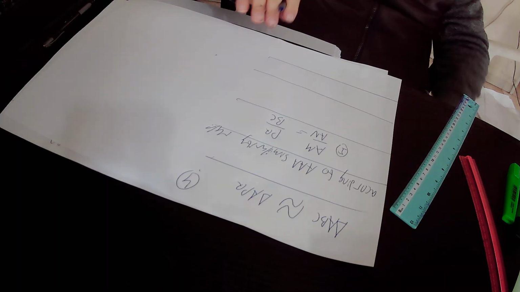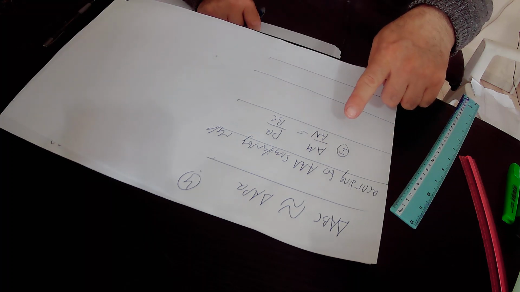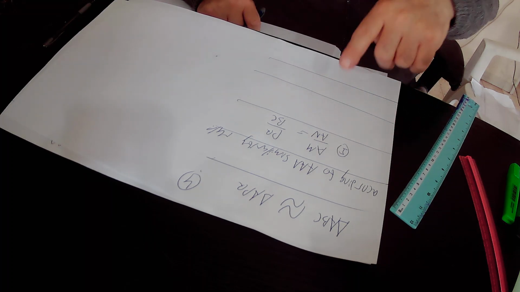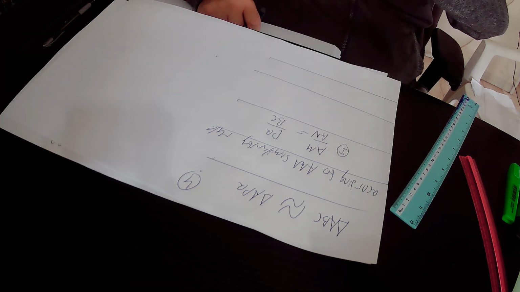Again, the ratio between the heights of the two similar triangles ABC and APQ is AM over AN, and it must be equal to the ratio between their sides, that is PQ over BC.